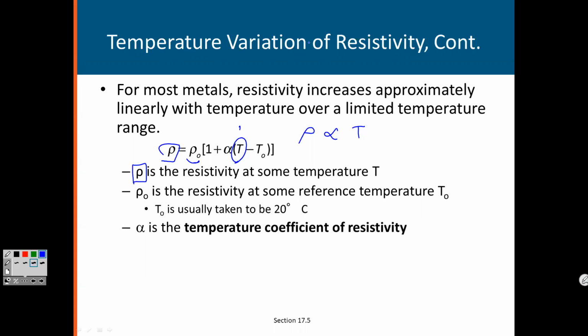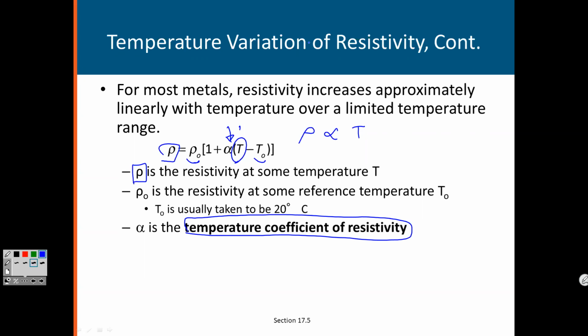This is the resistivity at a reference temperature T0, and alpha is a constant called the temperature coefficient of resistivity. Okay, so we are introducing another formula here, how the resistivity varies with temperature.